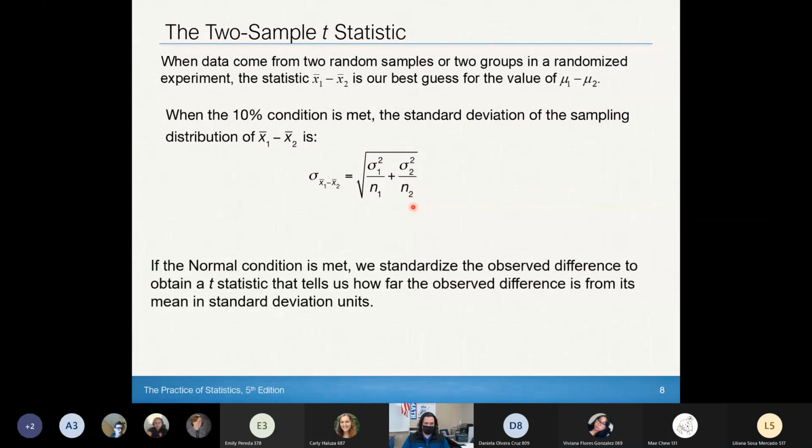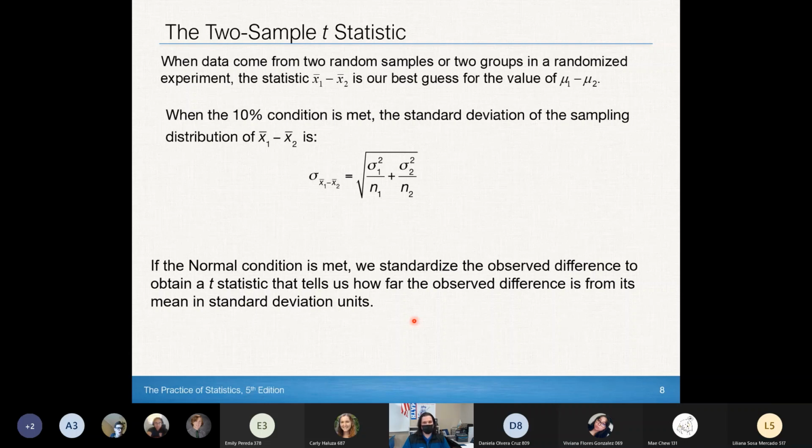If the normal condition is met, we standardize the observed difference to obtain a t statistic that tells us how far the observed difference is from its mean in standard deviation units. Right, so when we're dealing with means, we will typically use a t statistic rather than a z statistic.